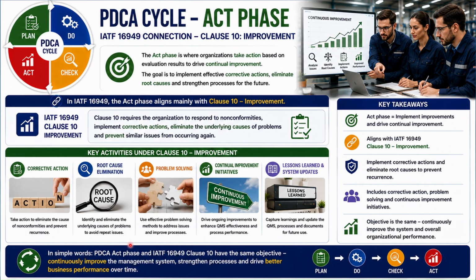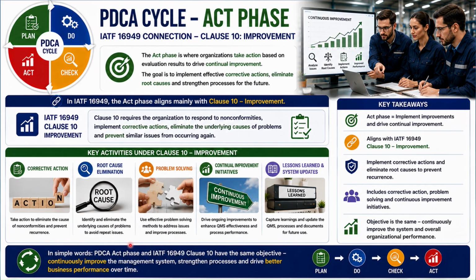It also promotes continual improvement by encouraging organizations to enhance the effectiveness of their quality management system, improve process performance, and increase customer satisfaction. Typical activities within this clause include corrective action, root cause elimination, problem solving, continual improvement initiatives, and updating the quality management system based on lessons learned.